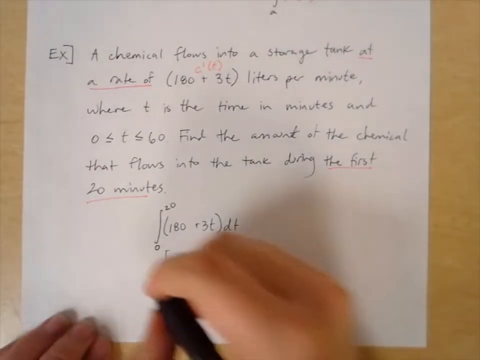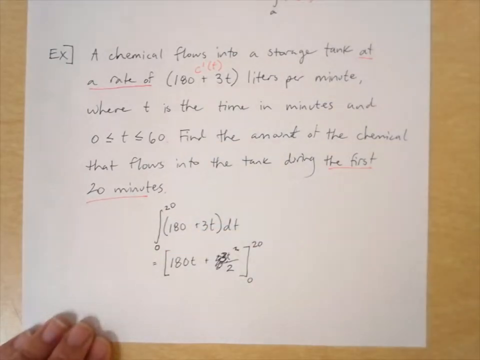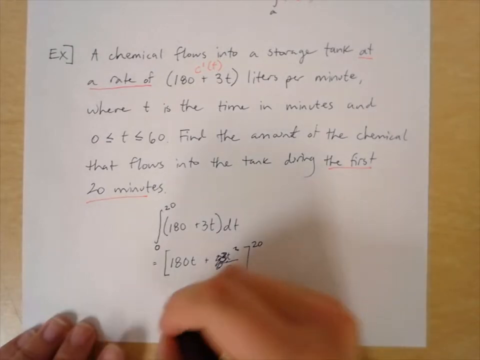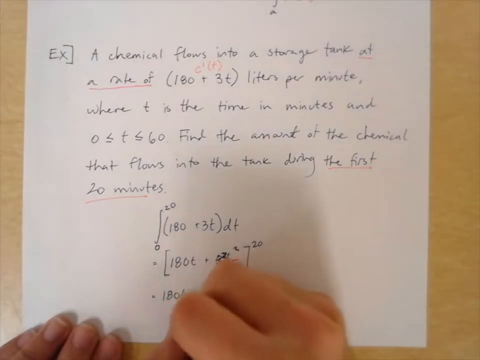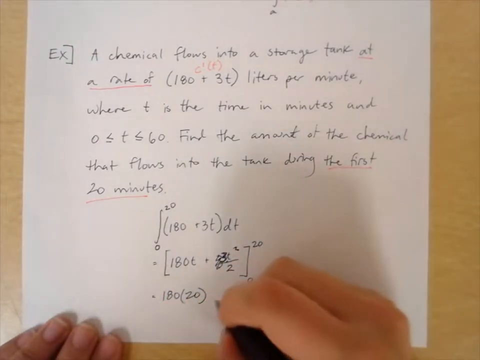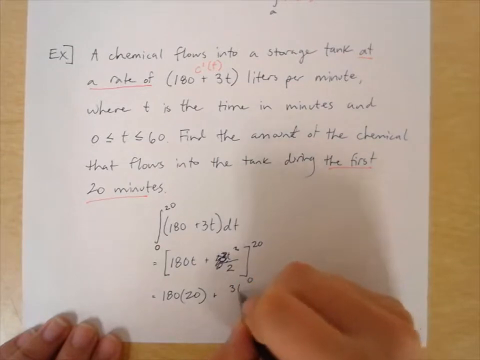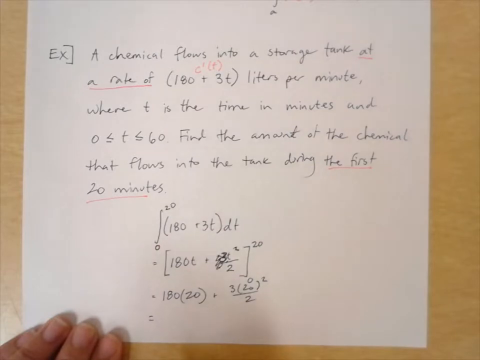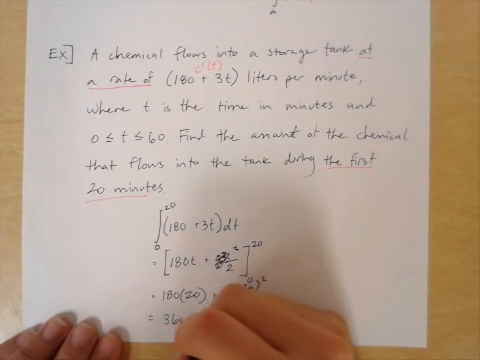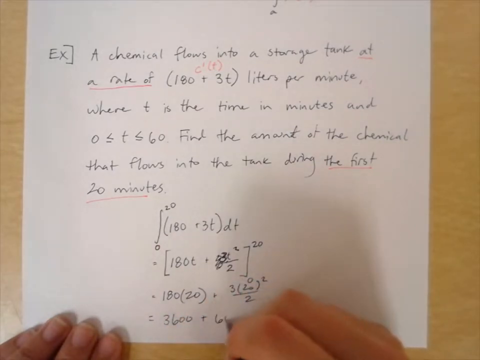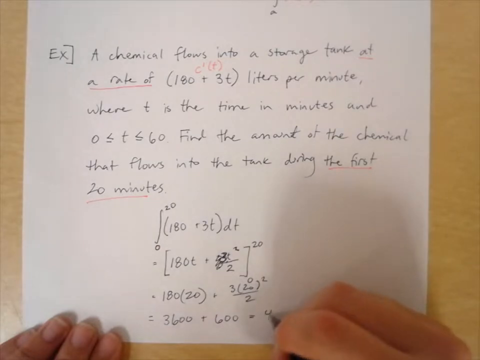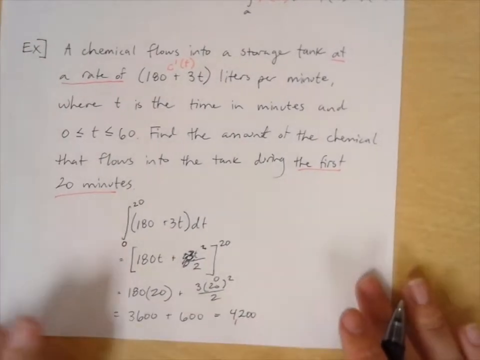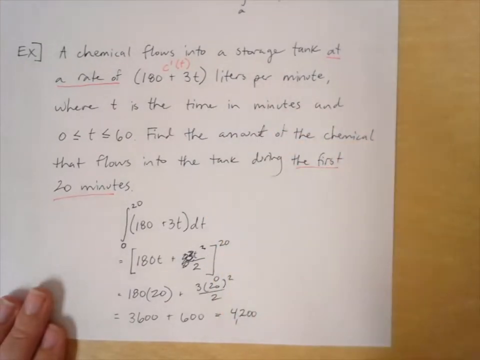And what I can say from there is that obviously the 0 piece is going to make this whole thing 0. So let's just talk about the 20. I would have 180 times 20 plus 3 times 20 squared over 2. And that's just going to become 3,600 plus 600, which is going to get me 4,200. And remember, in the context of the problem, we were talking about liters.